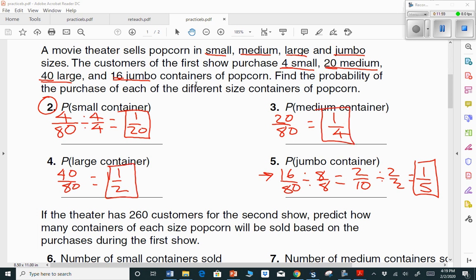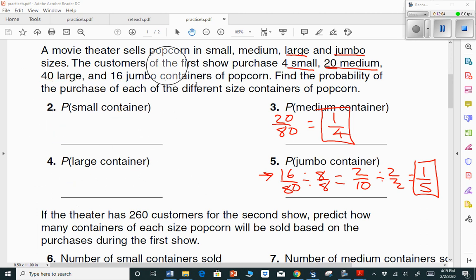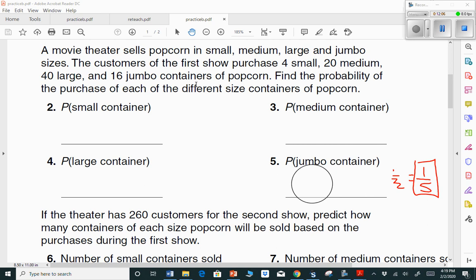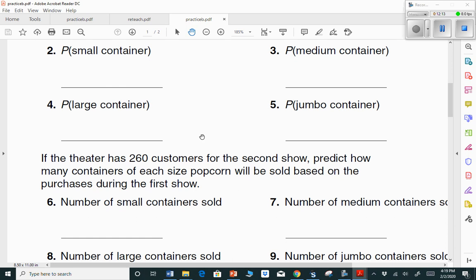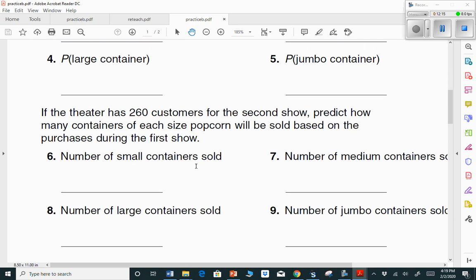And now they want to ask us a little bit more about the movie theater popcorn. If the theater has 260 customers for the second show, predict how many containers of each size popcorn will be sold based on the purchases during the first show.